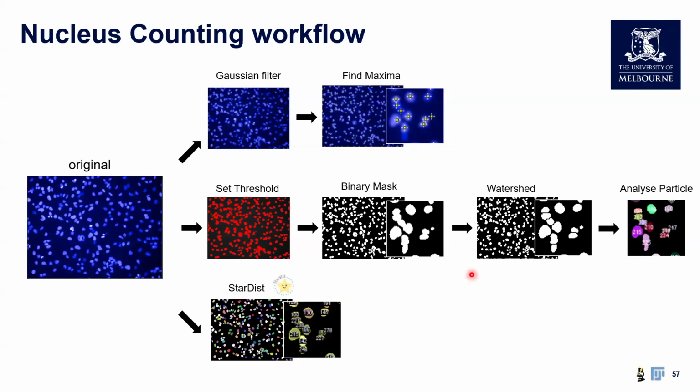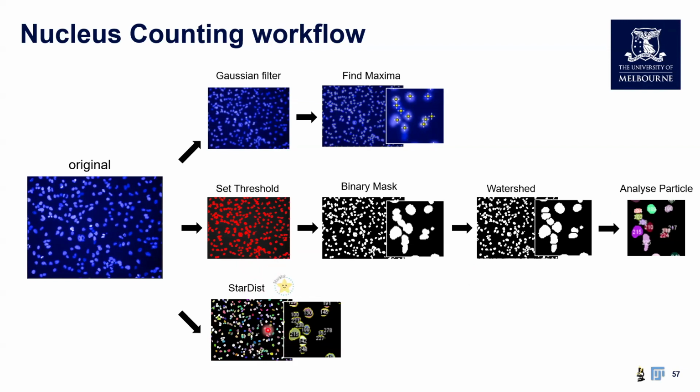Another approach can be machine learning or deep learning, as I mentioned previously. In Fiji, we can access pre-trained deep learning models for fluorescence nuclei detection using the StarDist plugin. This model works well on this type of nucleus image, and in most cases we don't need any pre-processing or binary processing.